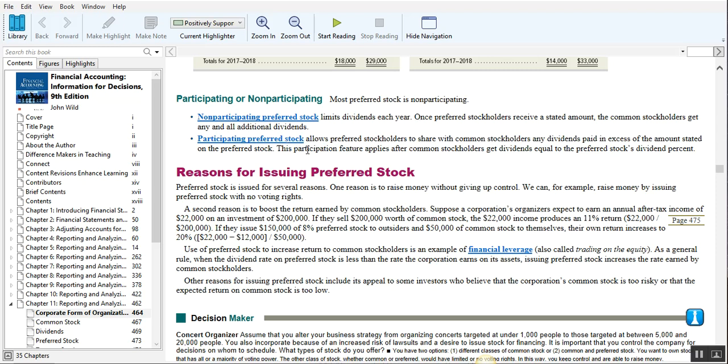If you're a participating preferred stock, you get your preferred dividend in addition to additional participation in extra dividends that are left over for common. So you have almost a double dipping going on here. Participating would mean you'd receive 2 dividends instead of 1, because in the second case, you're sharing with the common shareholders in their dividend.